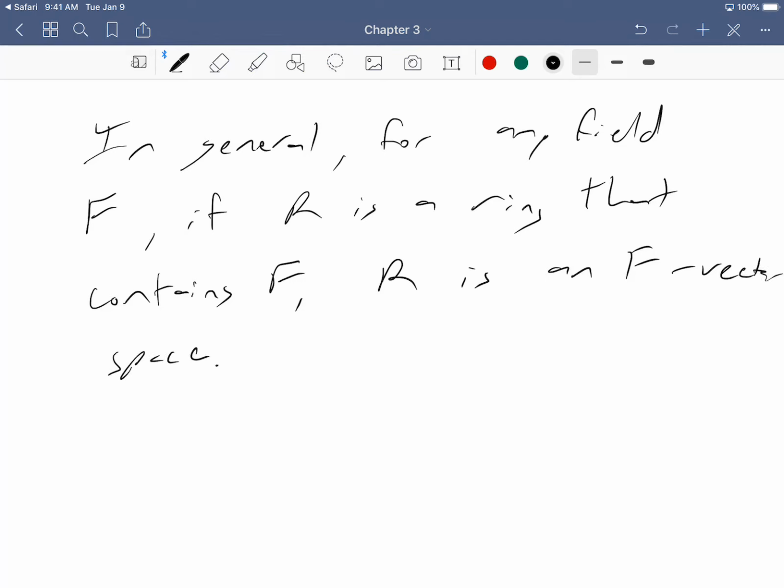So if I have a small field and then I have a ring that's a little bit bigger that contains it, then that ring is an F vector space.